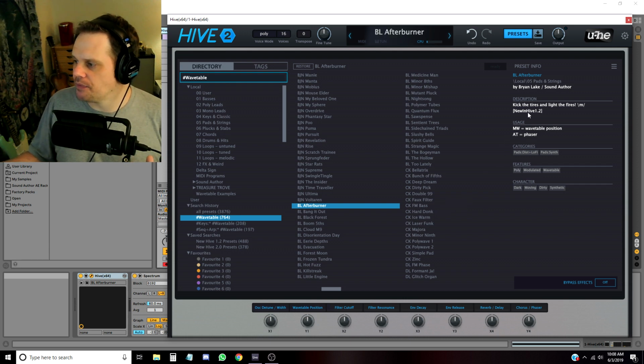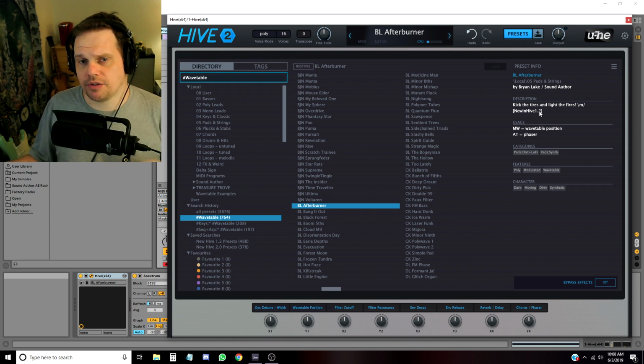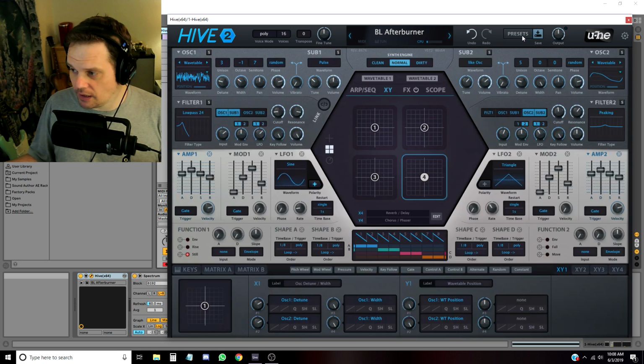As you can see here in the patch description, the new in Hive 1.2 patches do not have proper XY assignments in the XY tab. And if you try to mess with it, it won't go well.